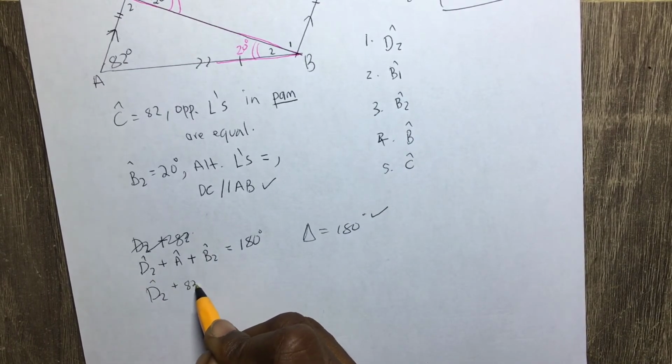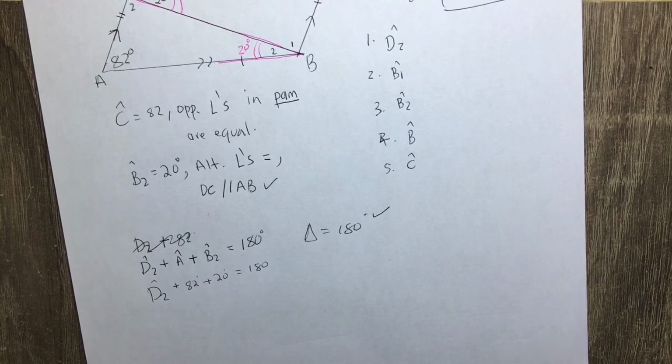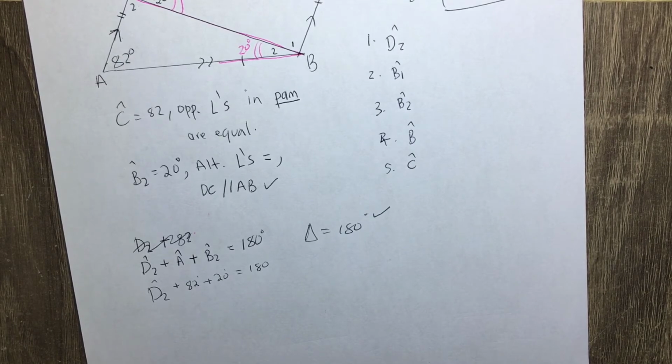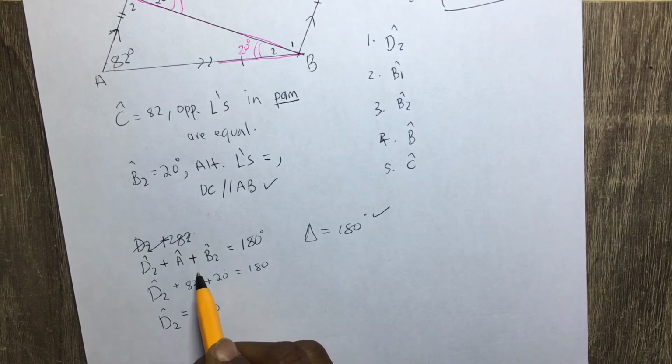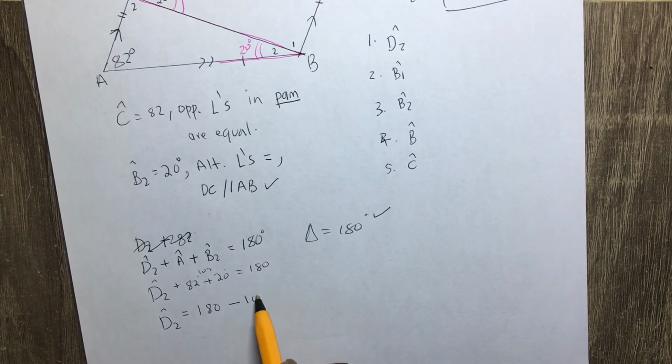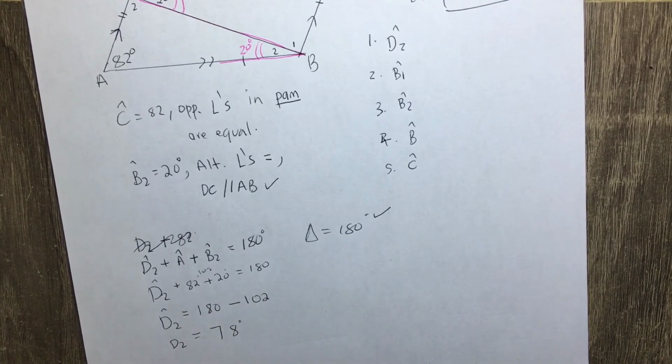We have this one is 82 plus 20 degrees equals to 180. So I'm going to take those two to that side and then it becomes a negative. So let me just quickly work it out now. Angle D2, when you add them up together, you get 102. So 102, when it goes that side, it's going to subtract. So subtract 102 from 180, you get 78 degrees. Can you see that one?